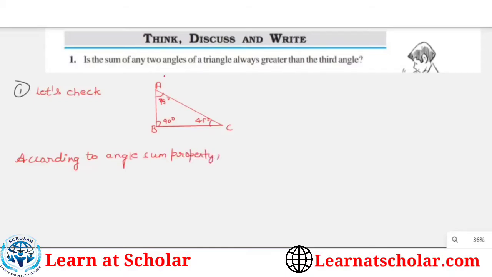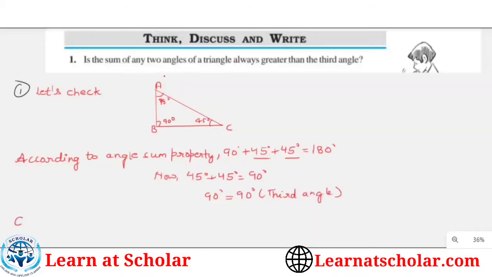As according to angle sum property, all the three angles of a triangle sum up to 180 degree. So if we add two angles, the sum is equal to the third angle. That means it is not necessary that the sum of any two angles of a triangle is always greater than the third angle.